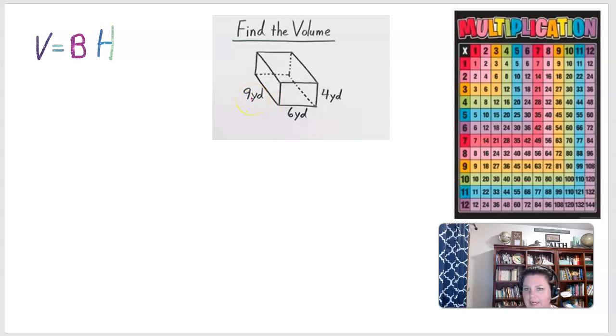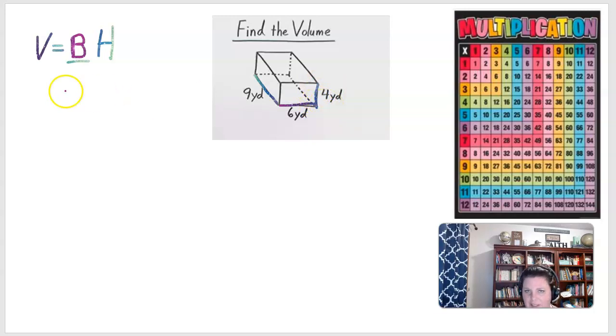So to find the area, what we're really doing is finding the length, which is the longer side, times the width. So area is equal to length times width. That's our base. But in volume, we need one more dimension.